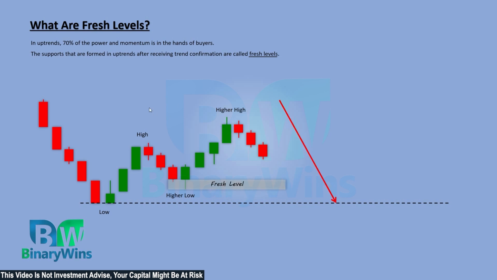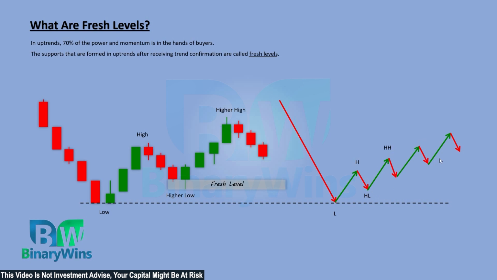Pay attention to this line chart. This is our uptrend. We have the confirmation of the uptrend: low, high, higher low, and higher high.